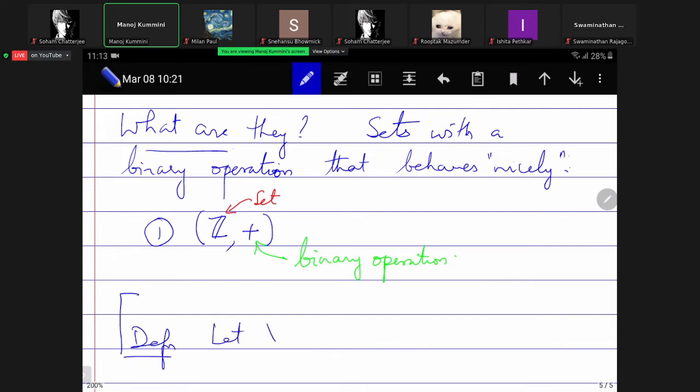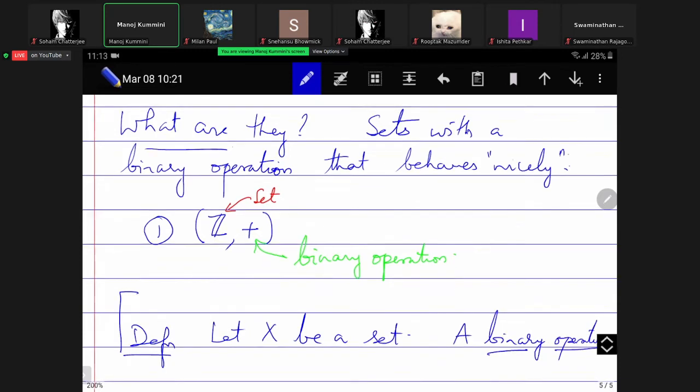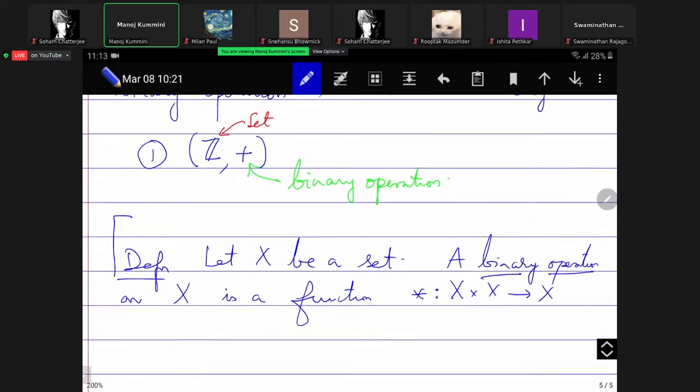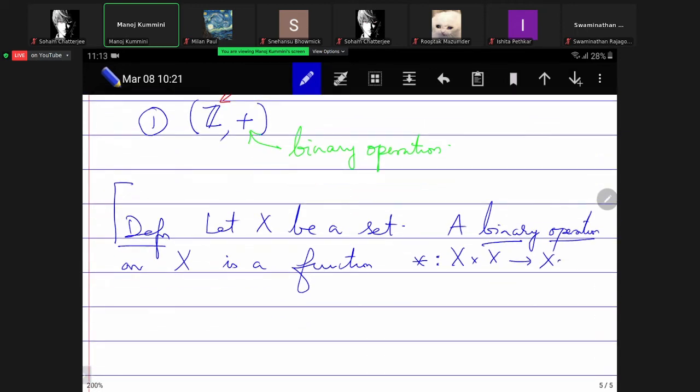Let X be a set. A binary operation on X is a function star from X cross X to X. That's what we mean by binary. So this is a definition, notation.